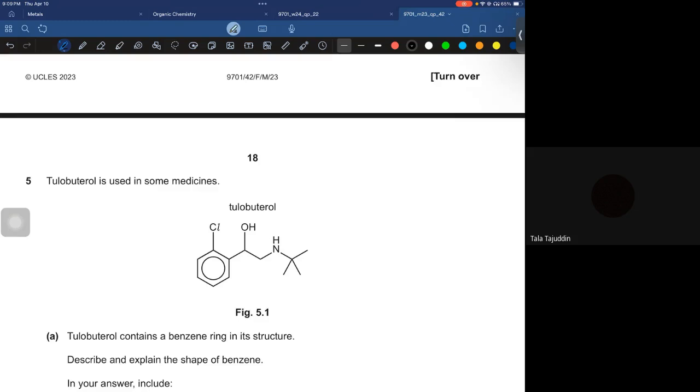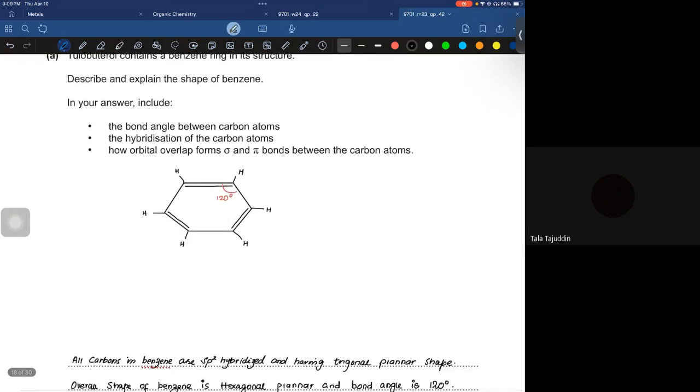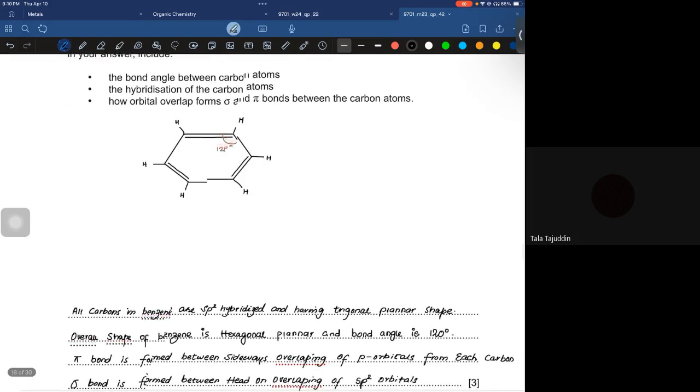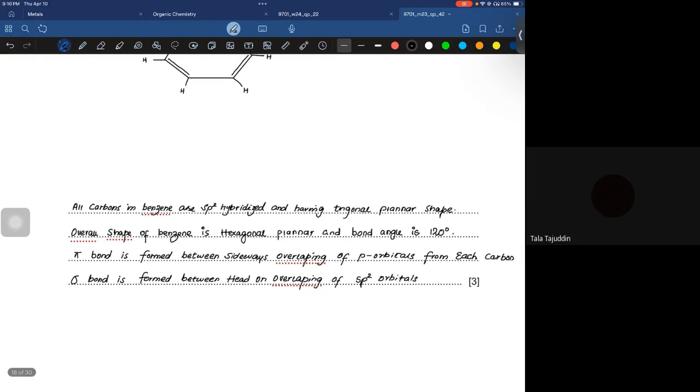Electrons are delocalized, and each carbon has sp2 hybridization, and sigma and pi bonds are formed. All carbons in benzene are sp2 hybridized with trigonal planar shape.